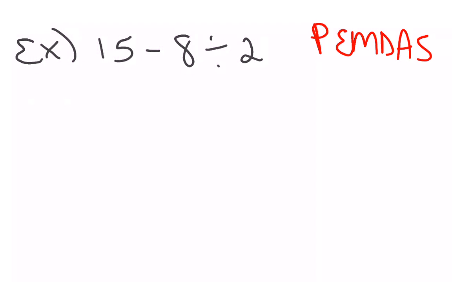So parentheses, exponents, multiplication, division, addition, and subtraction. These go hand in hand, these go hand in hand. And so we have to remember that even though this is the order of operations, if we were to have multiplication and division in the same problem, or likewise addition and subtraction in the same problem, you just go left to right.